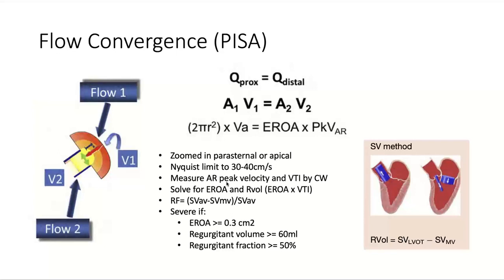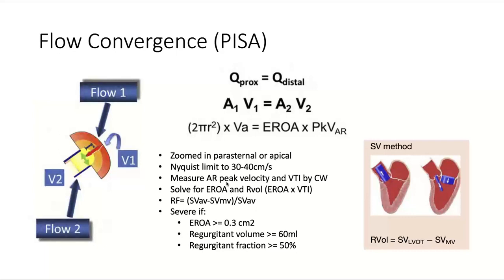After you solve for the EROA, you can multiply that by the VTI to determine the regurgitant volume. Volumes over 60 mL are consistent with severe aortic regurgitation. For regurgitant fraction, you subtract the stroke volume of the aortic valve from the mitral valve and divide by the aortic valve. Over 50% is consistent with severe.